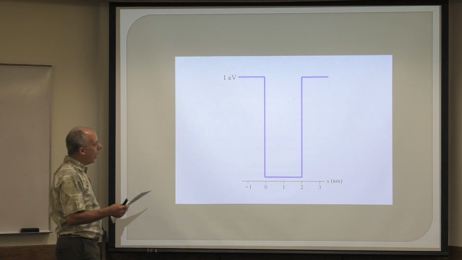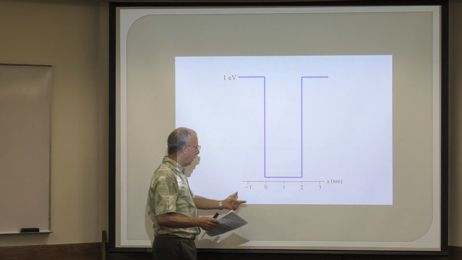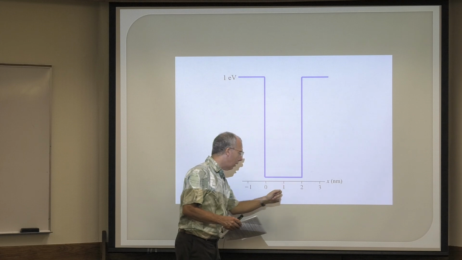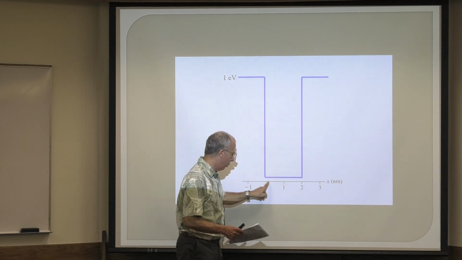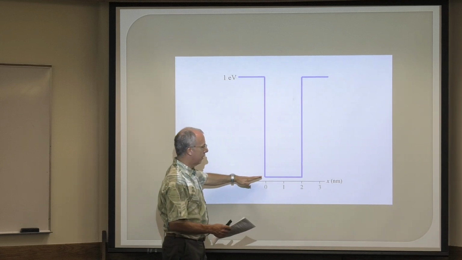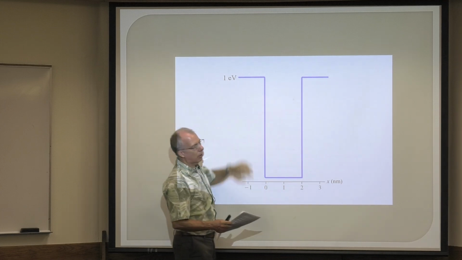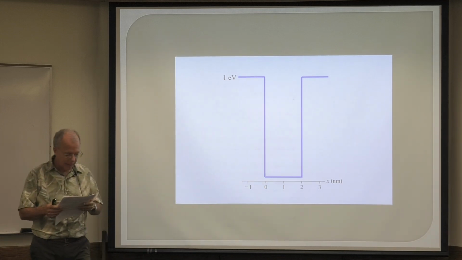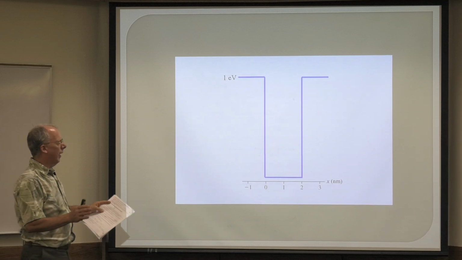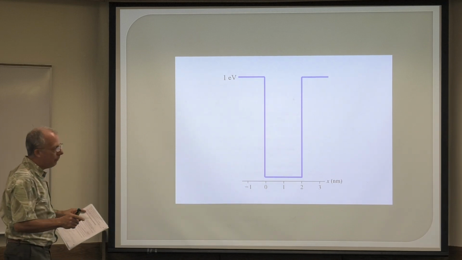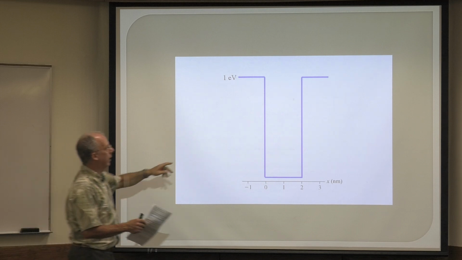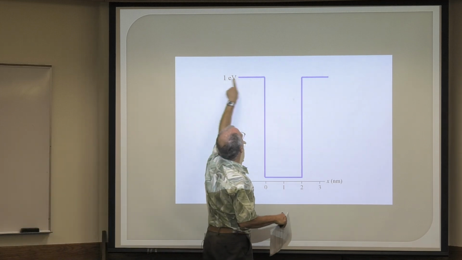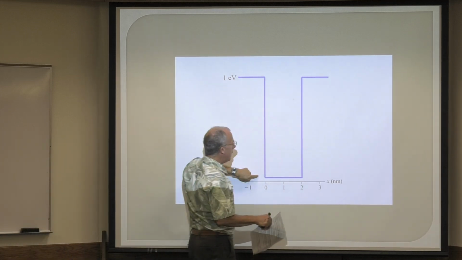And there's an electron located in a really narrow well, 2 nanometers wide. And it's not very deep. It's only 1 electron volt deep. So, realistic, okay? An electron in a 1 eV well, and it's finite, agree? It doesn't go to infinity. It's only 1 eV deep.